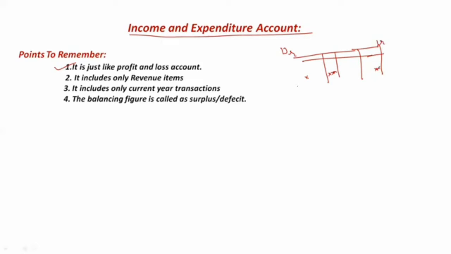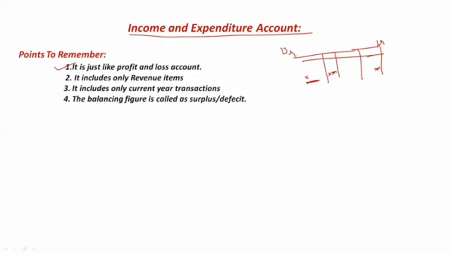Here also we will get the same balancing figures. The concept is the same, but we should not call it profit here. For an NPO we will never call it profit or loss; we call it surplus or deficit. Basically the method of preparation is the same.